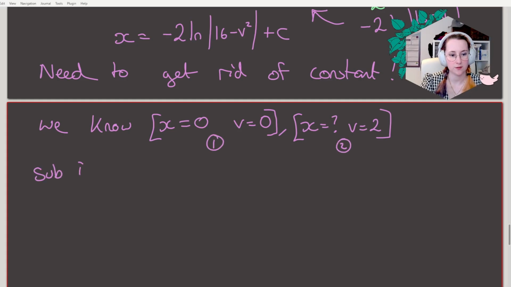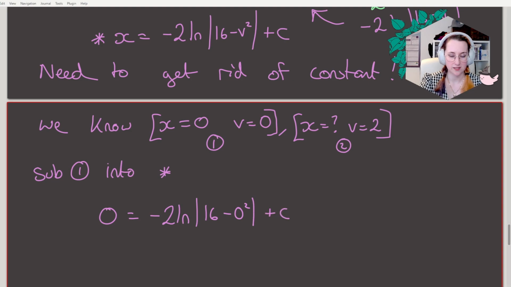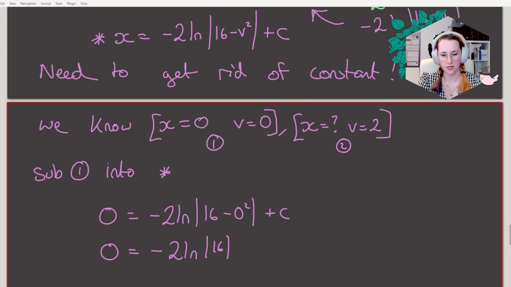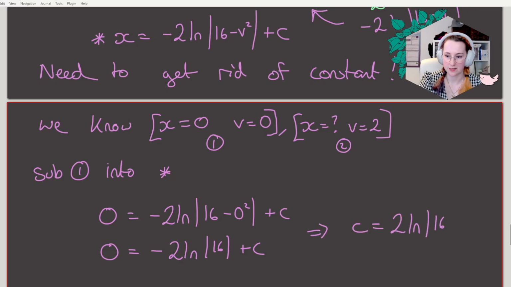So sub 1 into the equation that we have, star. So we get 0 is minus 2 log of 16 minus 0 squared plus c. So that gives us that 0 is minus 2 log 16 plus c, or equally c is 2 ln of 16.